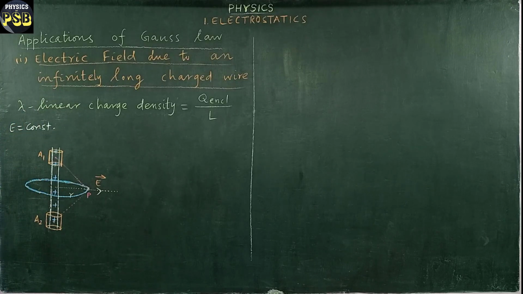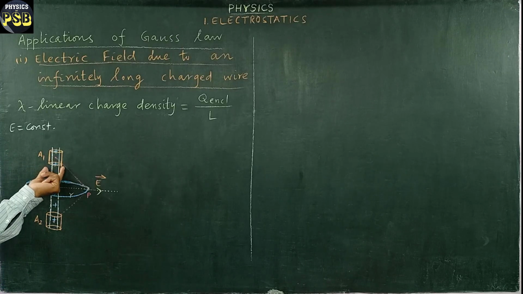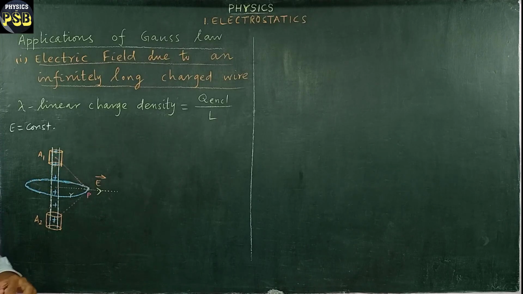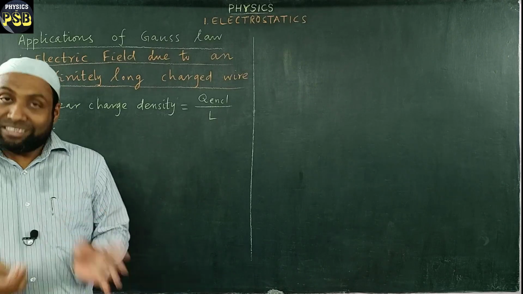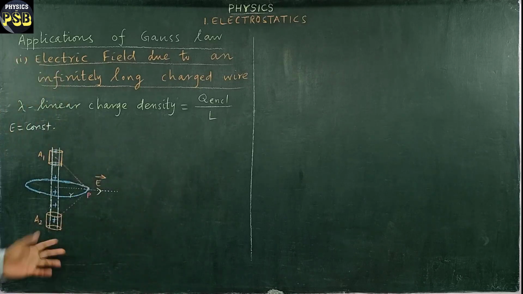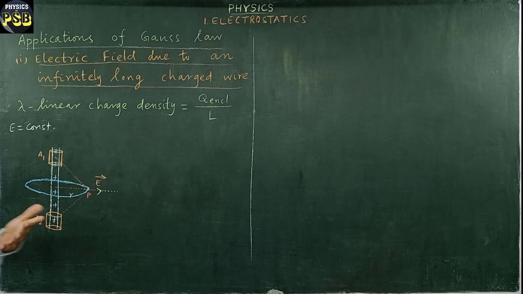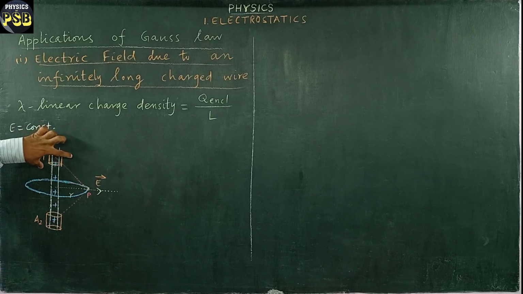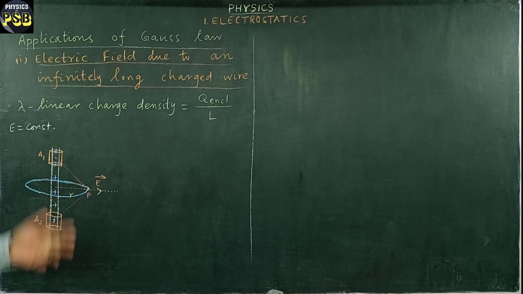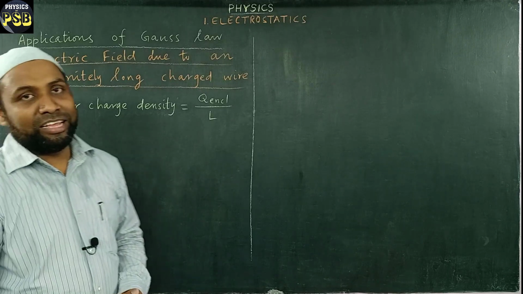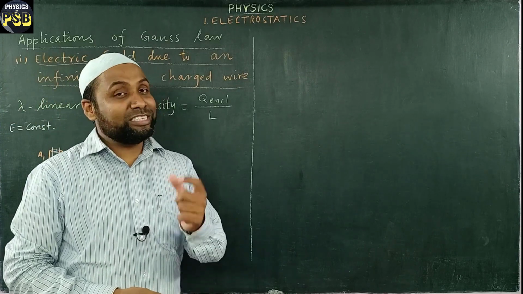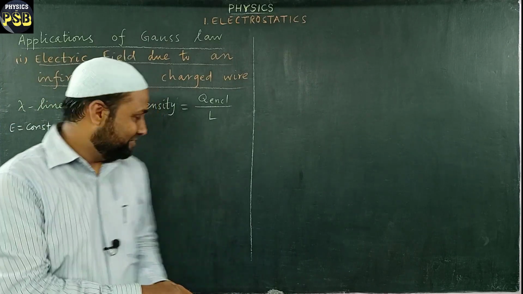From this, one thing is clear: this charged wire possesses a cylindrical symmetry. So, if we want to apply Gauss law to get the electric field, then we can take a Gaussian surface which is cylindrical in shape.